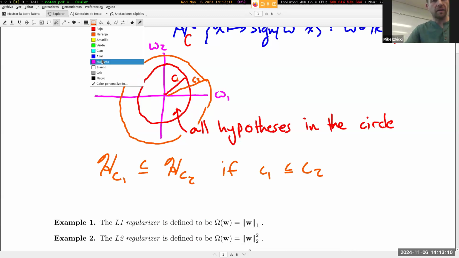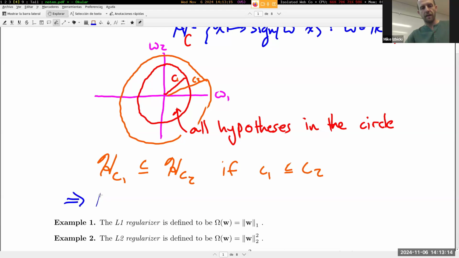So as one implication of this, as the C value decreases, so our radius here getting smaller and smaller, that will imply that our in-sample error is going to increase. This follows from that subset relationship about these hypothesis classes.